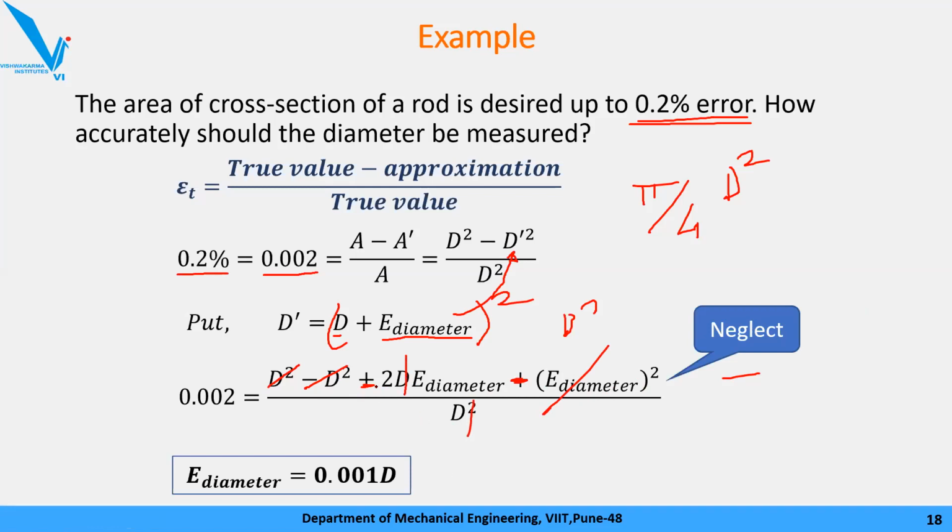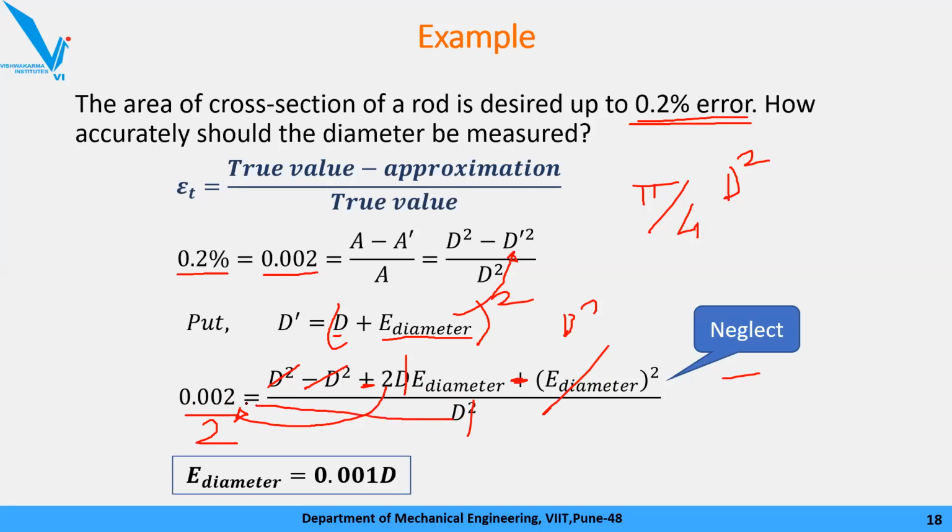What we have now is minus 2 error in the diameter. This minus sign I'll forget about it, it doesn't matter whether you put the minus sign here or not. So 2 I'll take it here, it becomes 0.002 divided by 2 equal to e diameter divided by d.